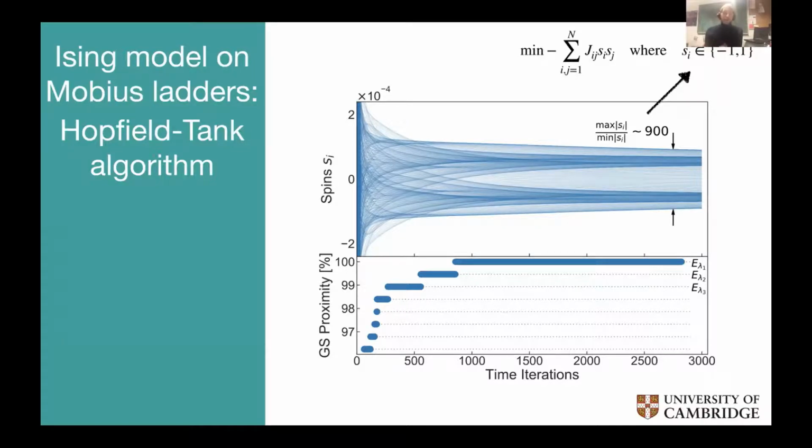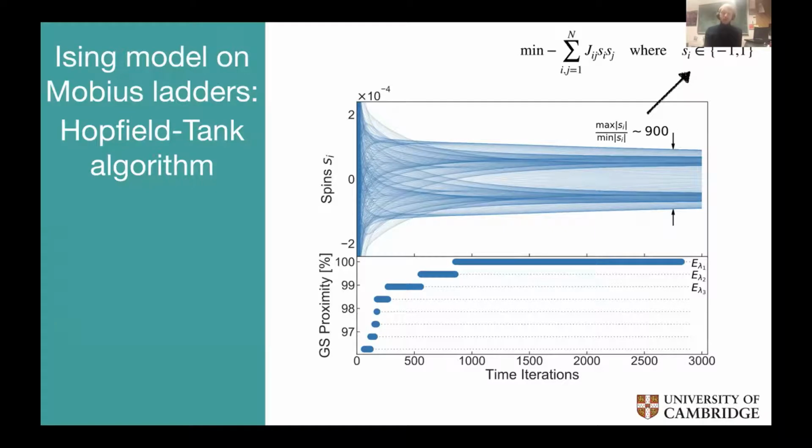And to understand what we are doing, we looked at the energy levels, which are shown here at the bottom. GS proximity stands for ground state proximity, and 100% means that we've reached the ground state. What we found out is that the whole low energy spectrum corresponds to the eigenvectors of the largest eigenvalues of the coupling matrix. And the ground state in particular corresponds to the projected eigenvector of the largest eigenvalue.